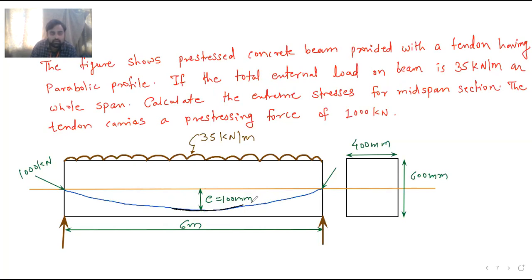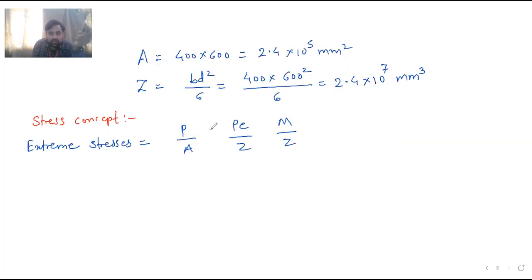If you rotate it about the neutral axis, it will try to uplift the neutral axis. Uplift means hogging shape. Tension is at top, compression is at bottom.